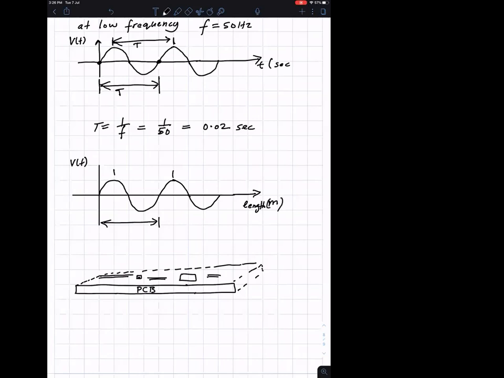So how many meters? Please calculate the wavelength. We call the wavelength lambda.